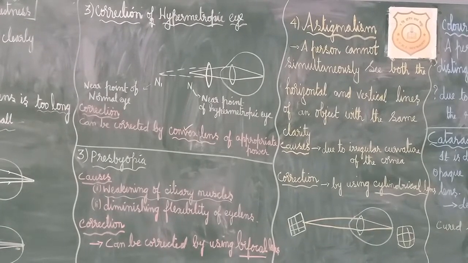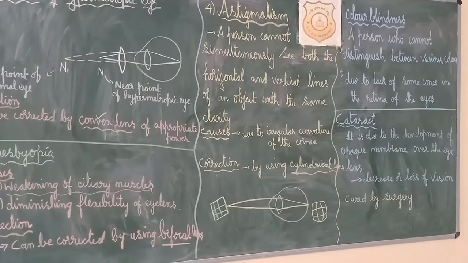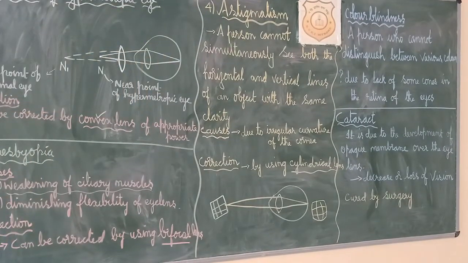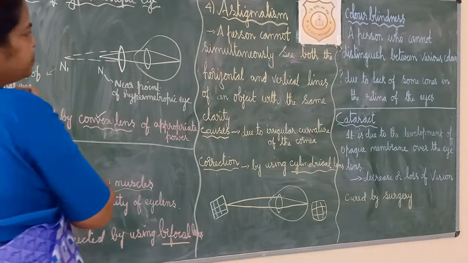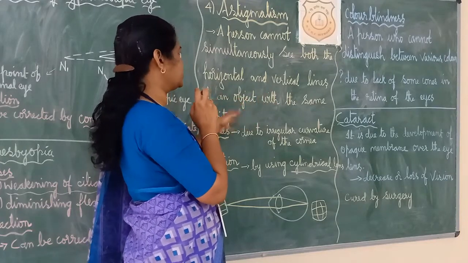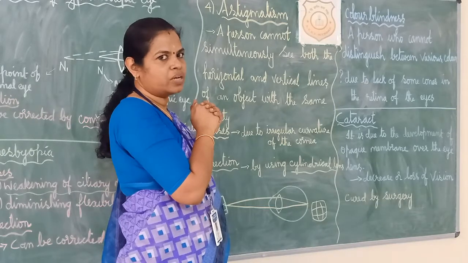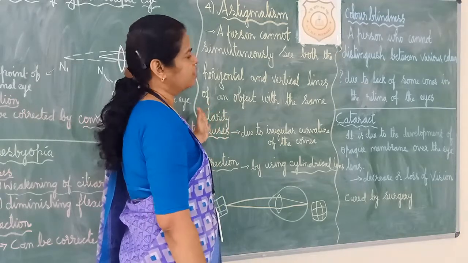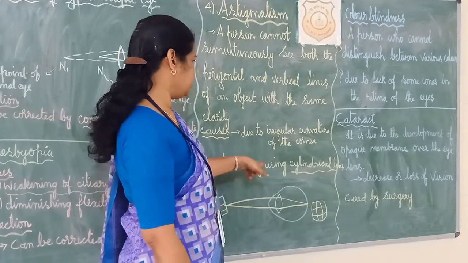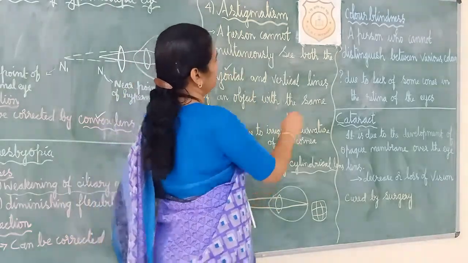The fourth defect we are going to see is astigmatism. Astigmatism is when a person simultaneously can't see both the horizontal and vertical lines with the same clarity. We can see horizontal lines as well as vertical lines.